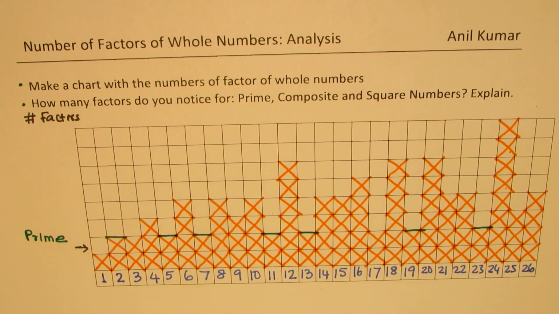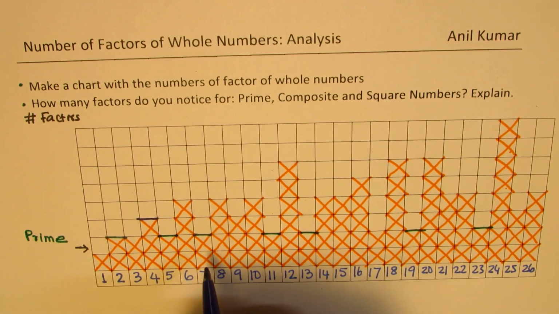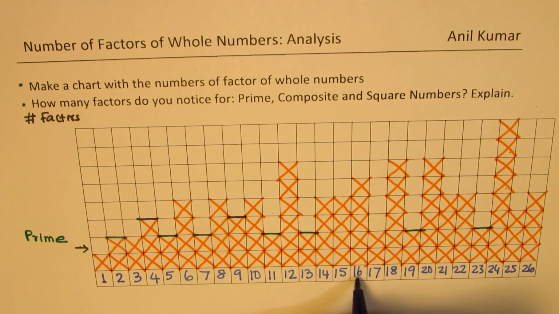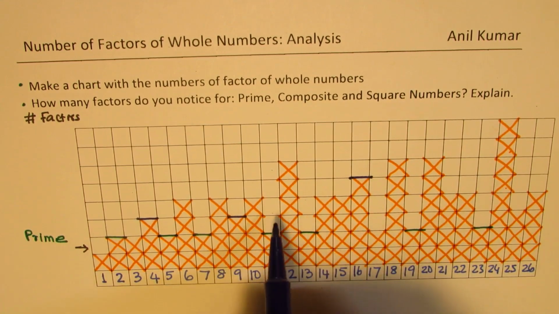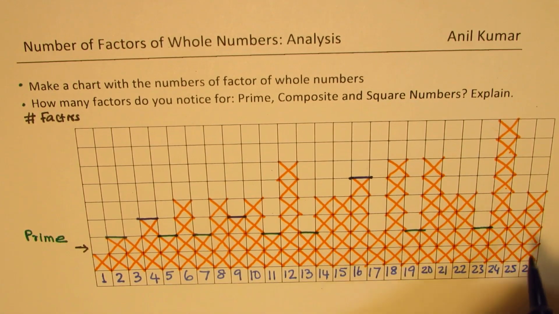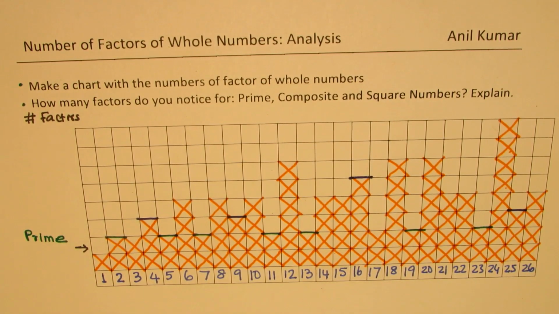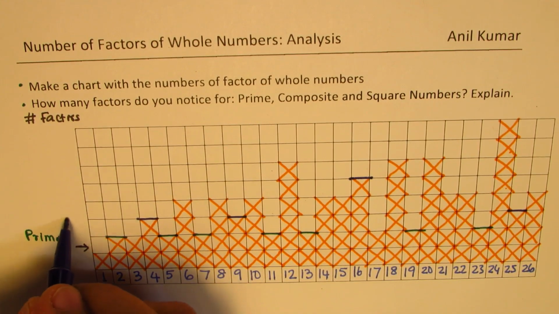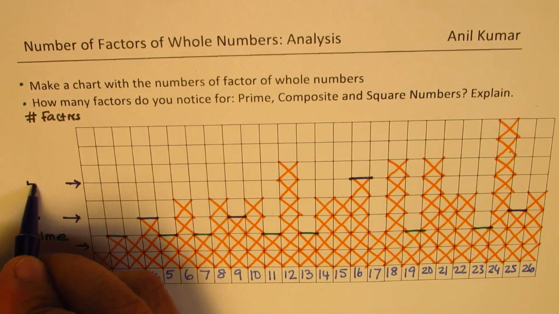Correct? Now, what do you notice about the numbers which have 3 factors? Well, let's put a bar here for the numbers having 3 factors. And then we have 16, which has 5 factors, not 3 factors, but 5 factors. And then we have 25, which has 3 factors. Well, what we figured out is that these are odd numbers of factors. This is 3 factors, correct? And that one is 5 factors.